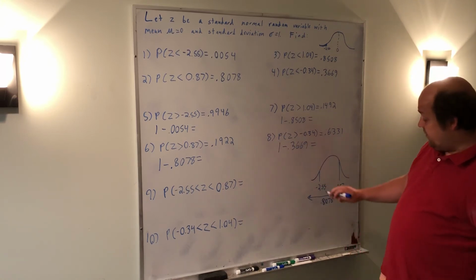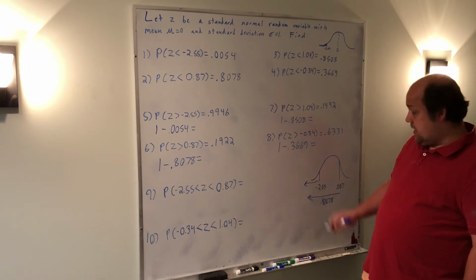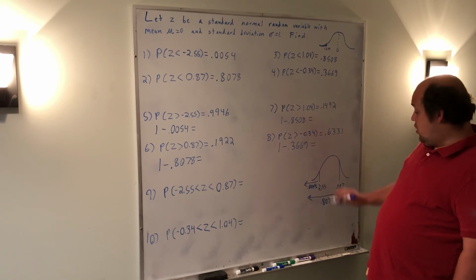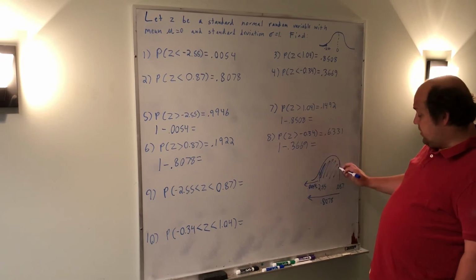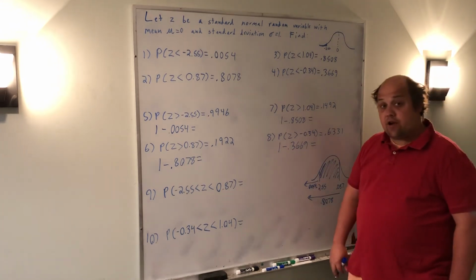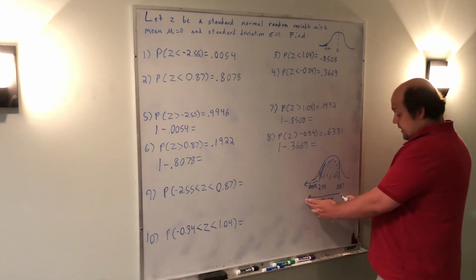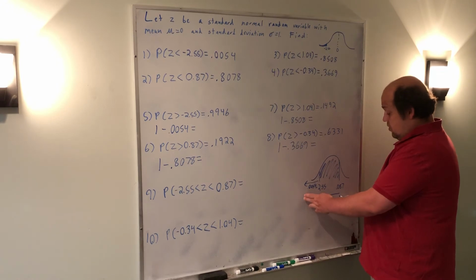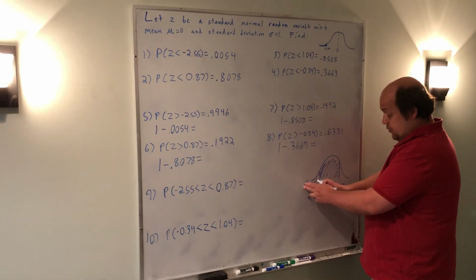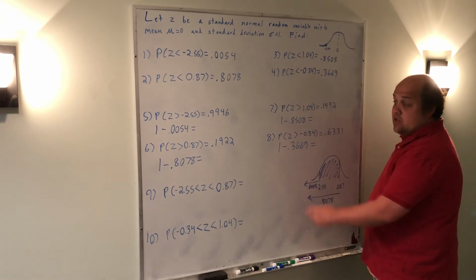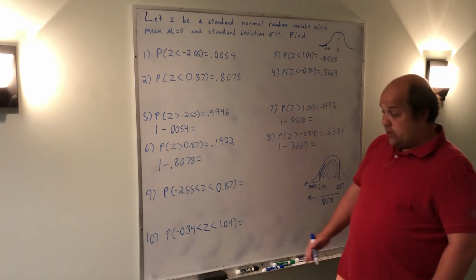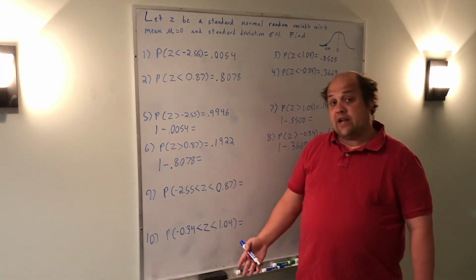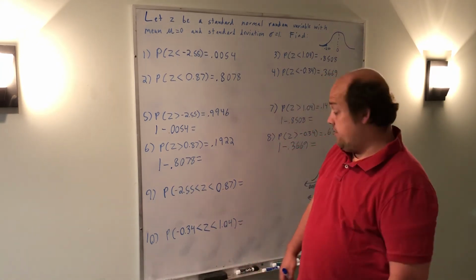We know from negative 2.55 to the end of the earth has probability 0.0054. We want this shaded area in between. So what that shaded area really represents is this whole distance from the larger probability minus this distance, which is going to be unshaded. So really, whenever we do a between question, we find the two table values. We take the larger table value minus the smaller table value.